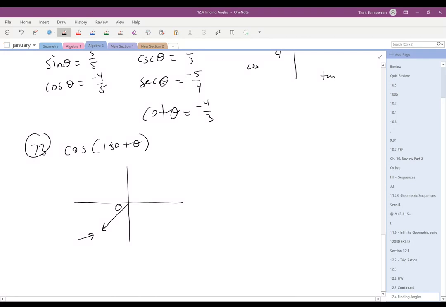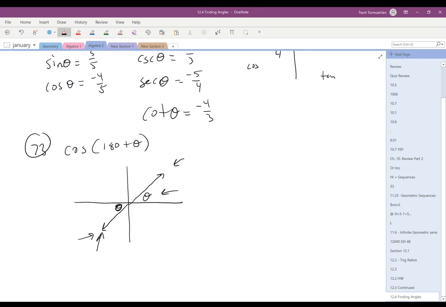And this angle is theta, and so if we put it up into cosine theta, that would be this angle being theta. Well, the difference is the x value is positive here, the x value is negative there, so that means that the cosine of 180 plus theta and cosine of theta just have opposite signs.